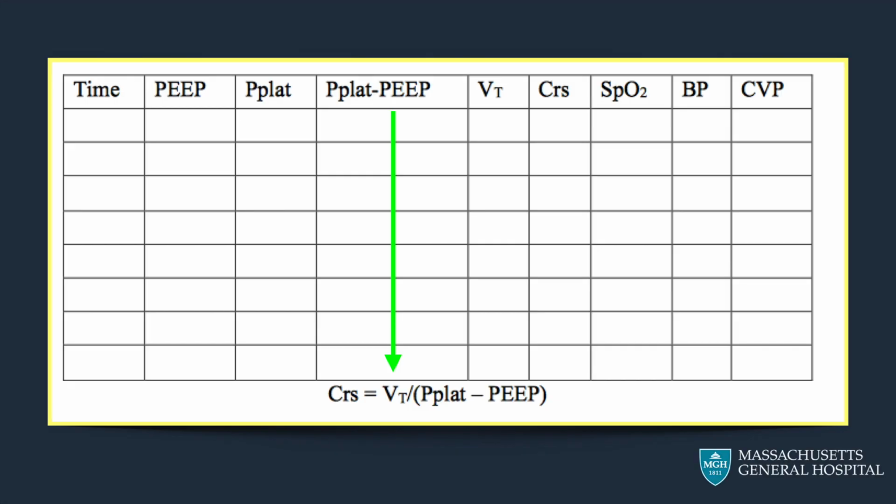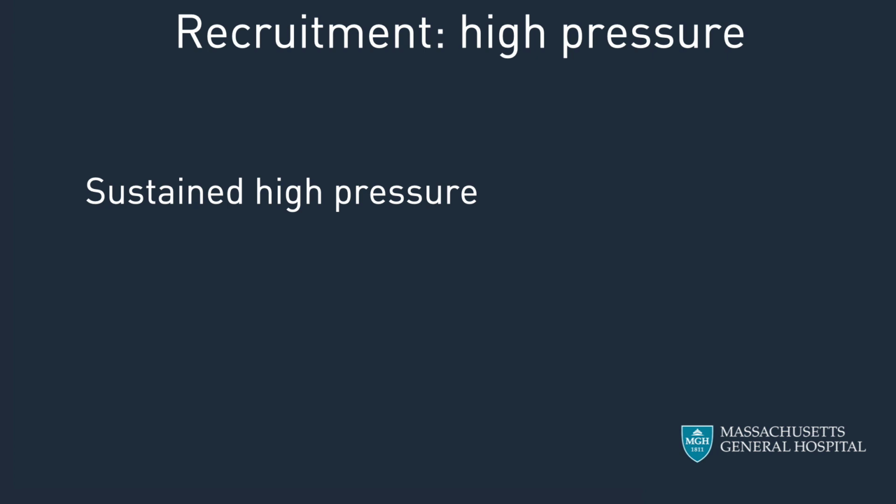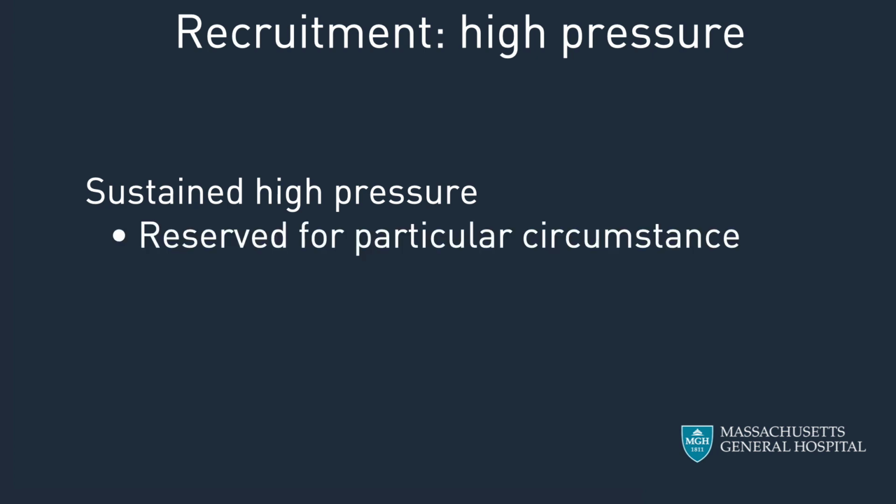High PEEP can have significant impact on hemodynamics, so close hemodynamic monitoring is required. This chart allows the clinician to monitor all the key variables. At MGH, an RT might start with a recruitment maneuver, a sustained high pressure, but this is reserved for particular circumstances based on expert consultation.